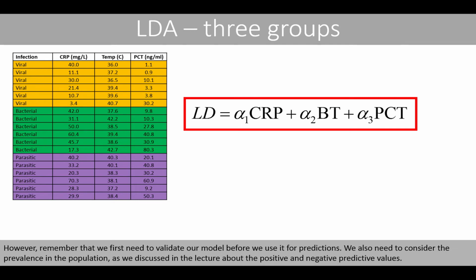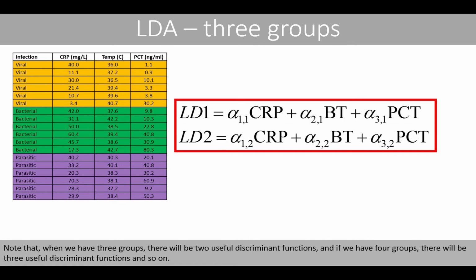However, remember that we first need to validate our model before we use it for predictions. We also need to consider the prevalence in the population, as we discussed in the lecture about the positive and negative predictive values. Note that when we have three groups, there will be two useful discriminant functions, and if we have four groups, there will be three useful discriminant functions, and so on.